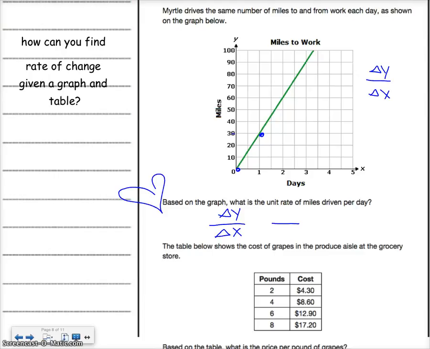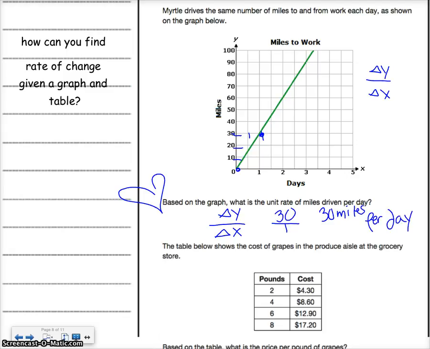My y went up 10, 20, 30. Then I pause for a second and check my scaling. I see that it goes by 0.5s, doesn't it? 0.5, 1. So I went over 1. So my unit rate is 30 miles per day.